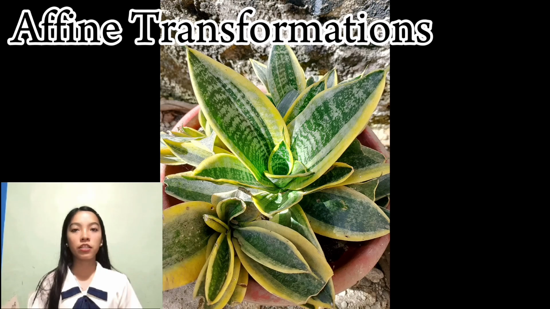The venation pattern and variegation, or wavy green-yellow stripes, also follow an affine transformation, stretching or compressing while maintaining their fundamental structure. This pattern helps the plant optimize light capture and enhance its aesthetic appeal.